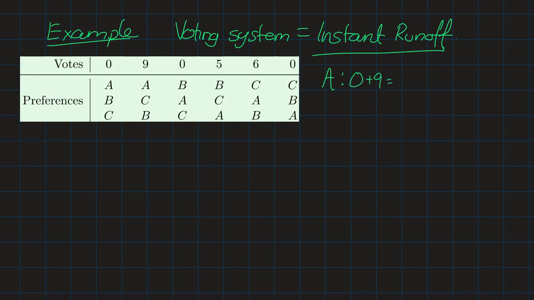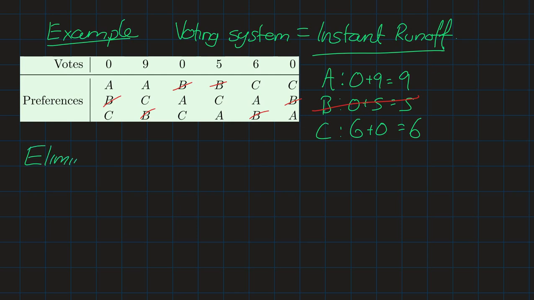So A has 9 top preference votes, B has 5, and C has 6. That means that we eliminate B. Okay, now let's recount how many top preference votes everyone has. I'm not going to redraw the table, so ideally you get better at doing this in your own head.